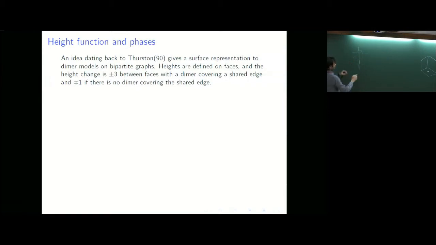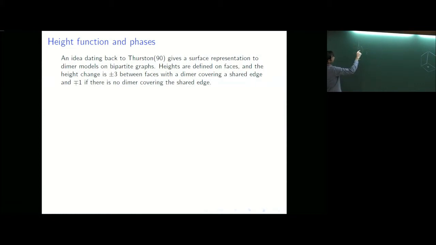We're going to set the convention so that if we go from this face to this face, and there is a green vertex here to the left, then this is going to be plus 3. And the opposite holds. If we go from one face to another face, and the white vertex is to our left, we'll go down by 3.